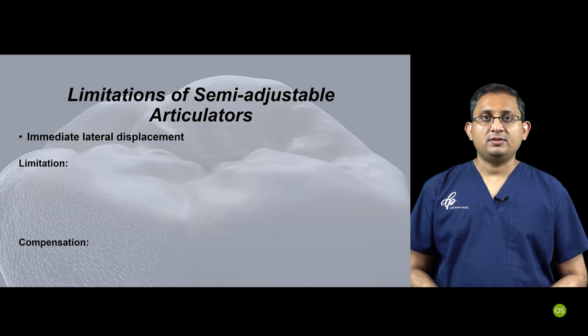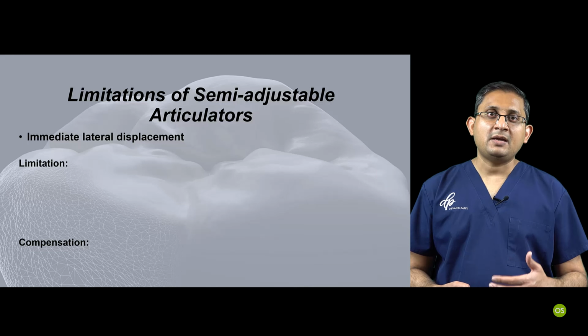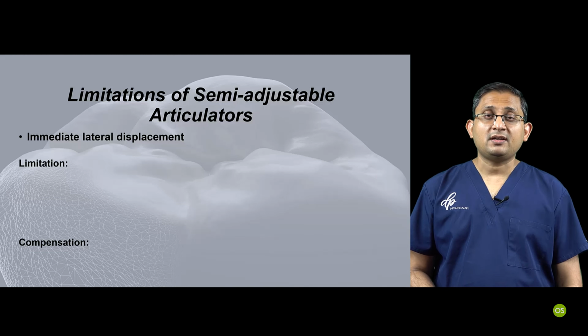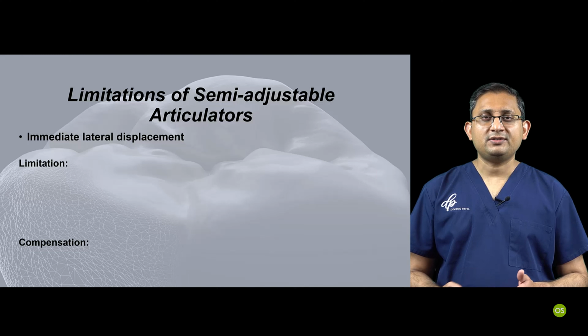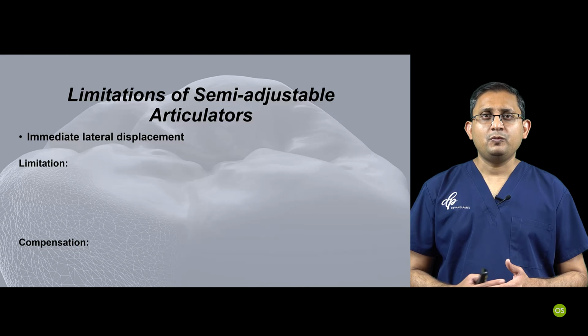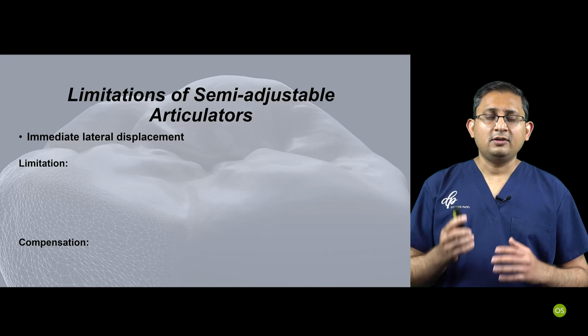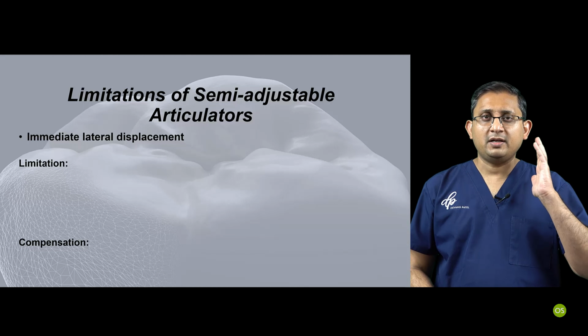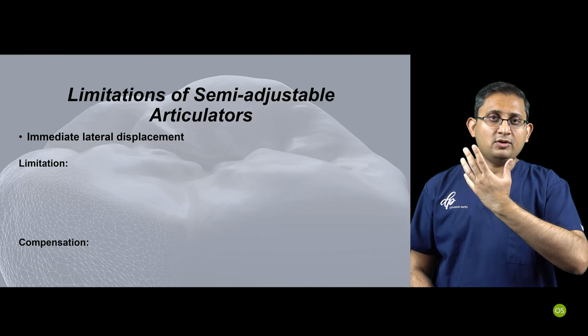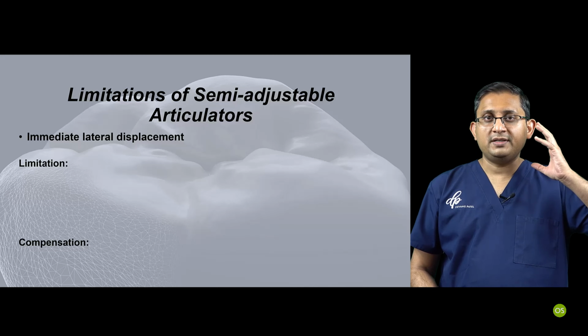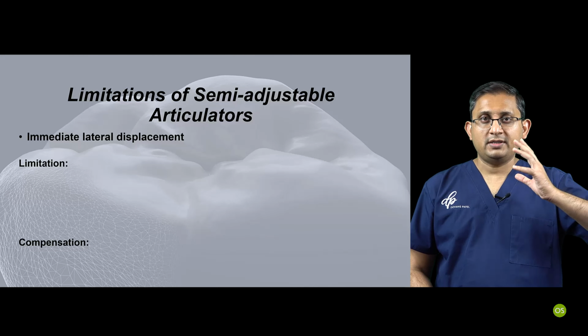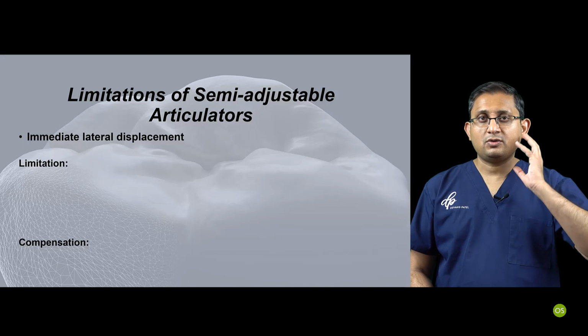The other limitation is immediate lateral displacement and your inability to adjust immediate side shift. So when patients, as we discussed, move, on the working side the condyle becomes the rotating condyle, whereas the non-working side condyle becomes the orbiting condyle, and that condyle orbits forward and downward, and it's quite gradual.